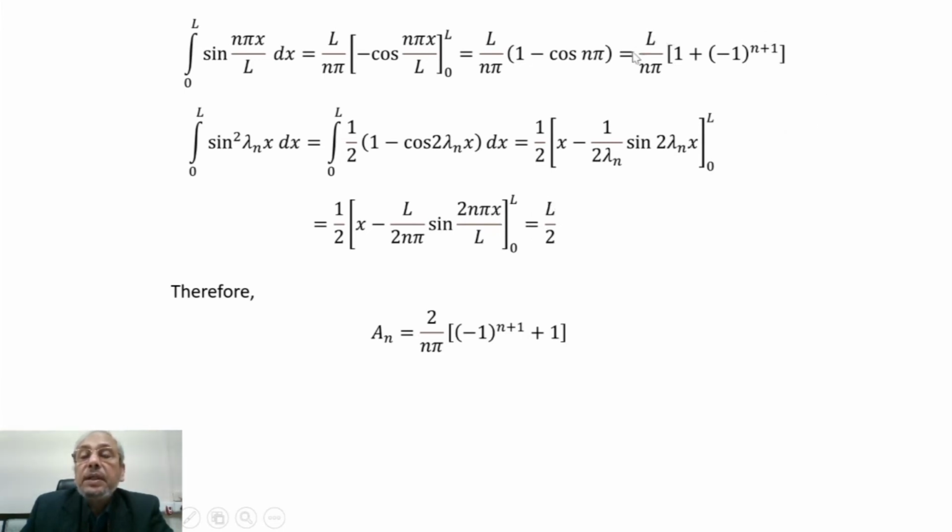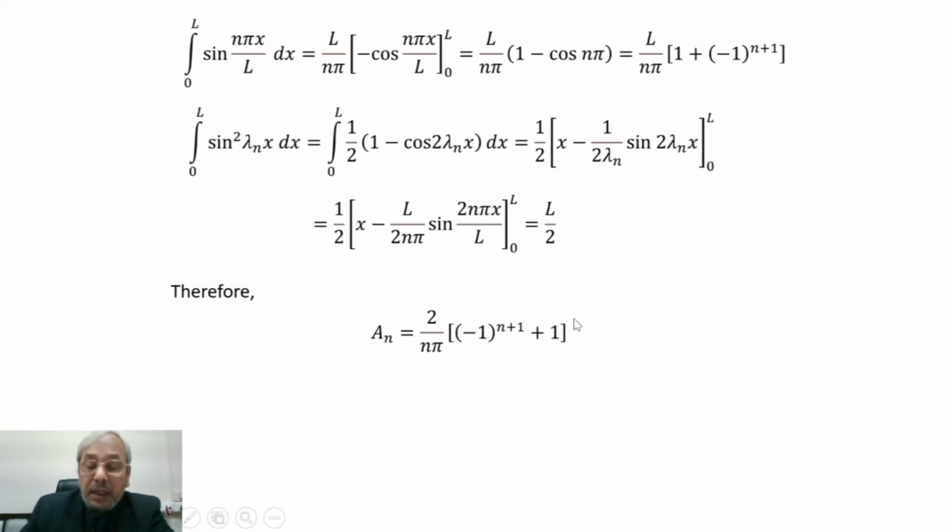Now this quantity was the numerator, this quantity was the denominator, and from here, if we divide this by L by 2, we'll get an equal to 2 by n pi into (minus 1) to the power n plus 1, plus 1.